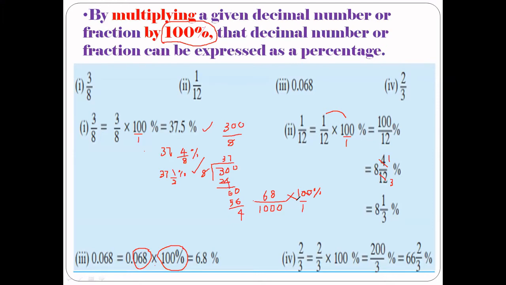Cut this double zero with this double zero. Now 68 over 10. Denominator 10 means separate 1 decimal place from the right hand side. Then the answer is 6.8%.